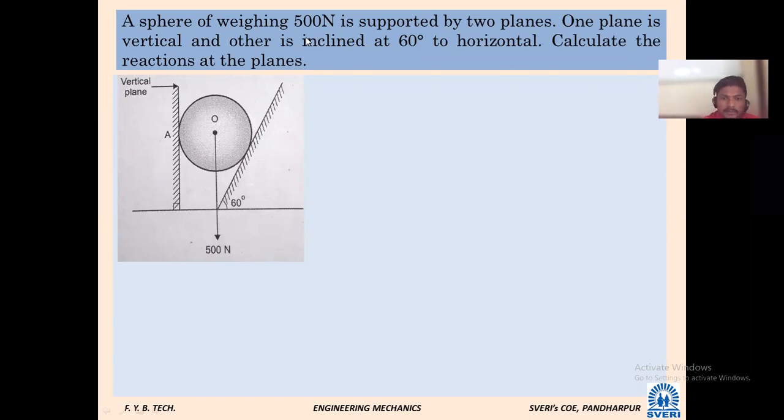Siddharth. Yes, sir. Will you read problem statement loudly so that all will listen? Siddharth. Roll number 61, Pratik Sutar. Pratik. Yes, sir. Will you read problem statement loudly? Yes, sir.